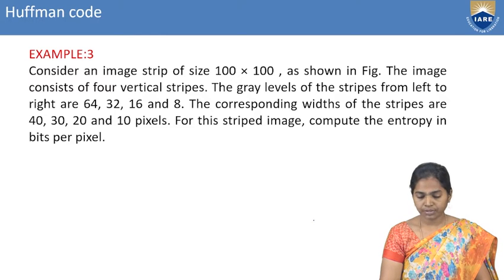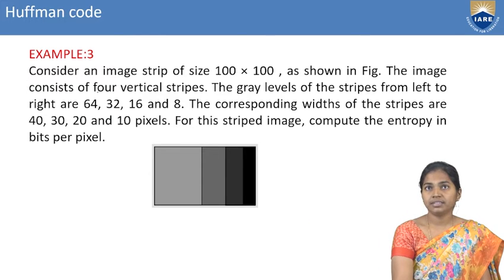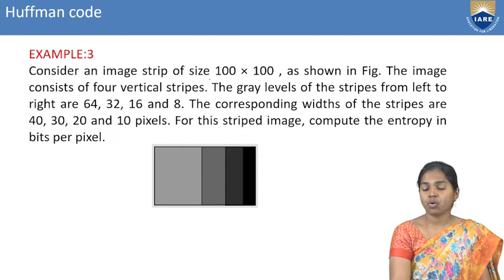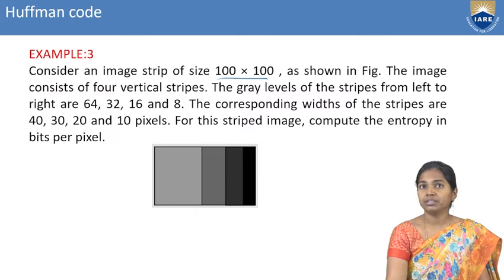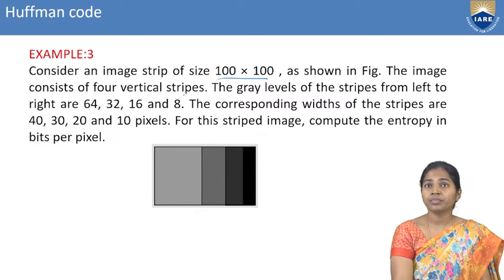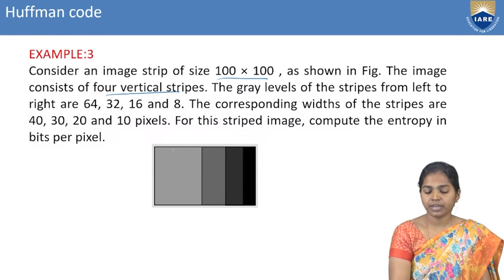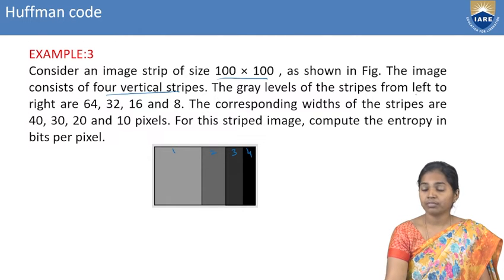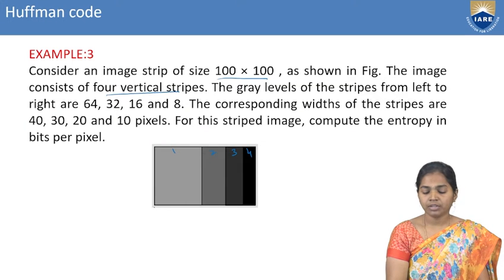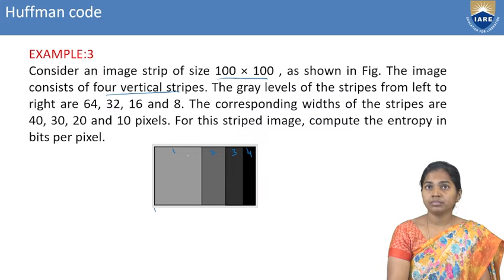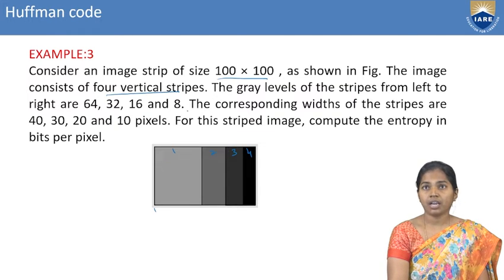And third example here, consider an image strip of size 100 into 100 as shown in the figure. The image consists of 4 vertical strips. The gray levels of the strips from left to right are 64, 32, 16 and 8.